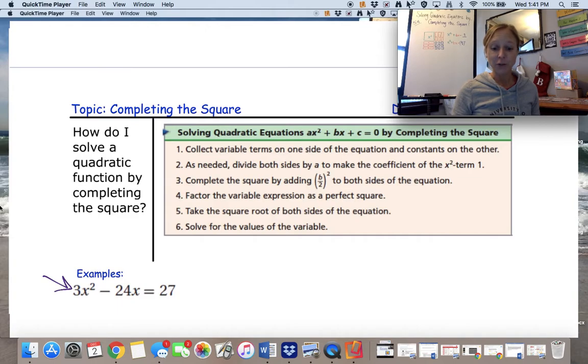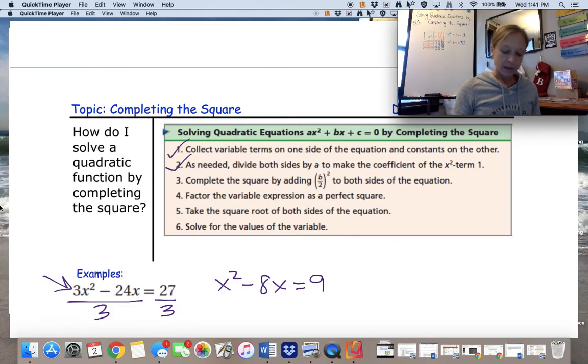Remember how much extra work that was from last week? So I am going to check, is 3 a common factor among all of these terms? Yes. So I am going to divide every single term by 3, and then I can rewrite it as x squared minus 8x equals 9. So that's what we mean by as needed, because sometimes you might just have an x squared to start with.